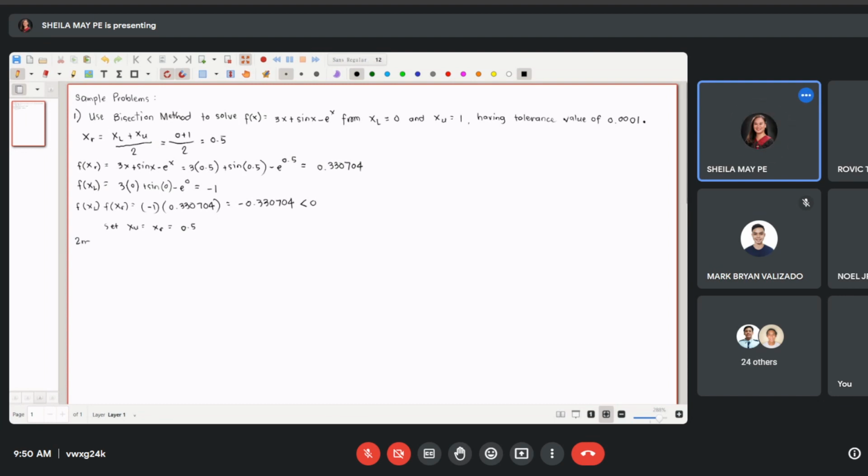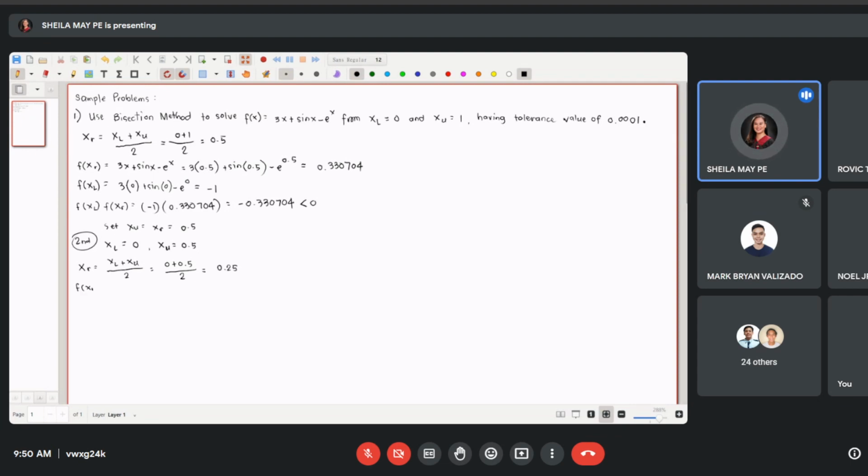Now for the second iteration, we have our new x sub u at 0.5, but our x sub l is still 0. So x sub r would be 0 plus 0.5 over 2, that's 0.25.